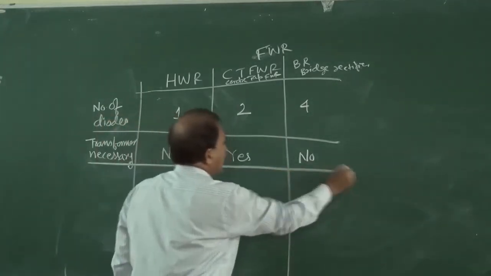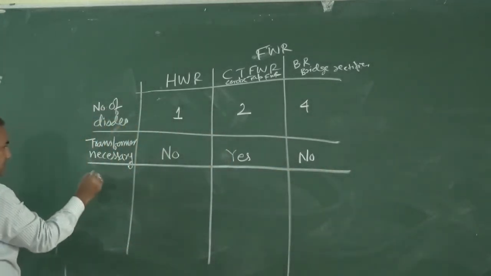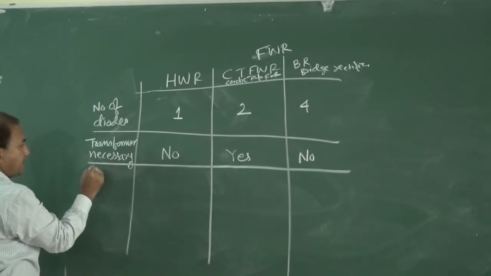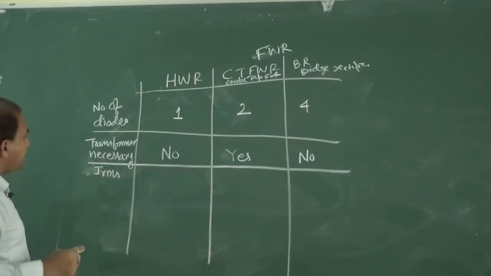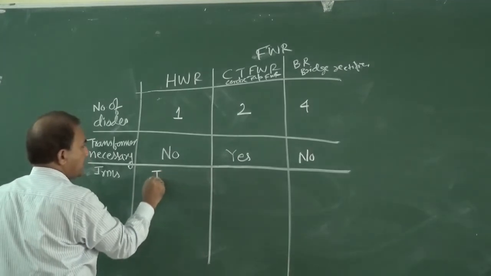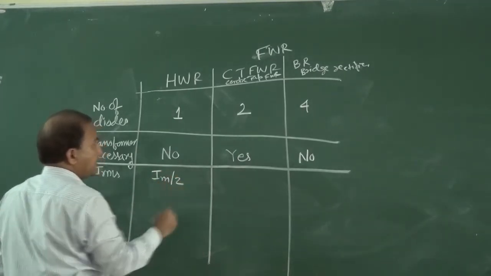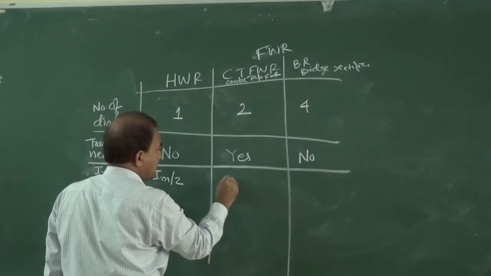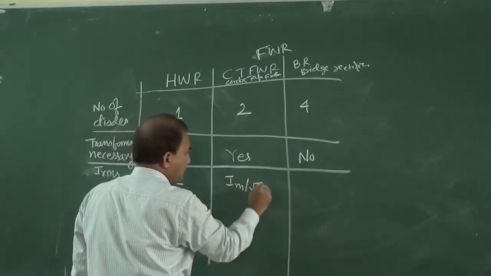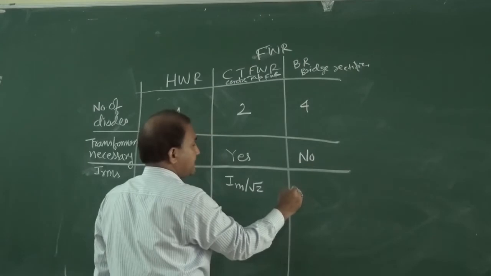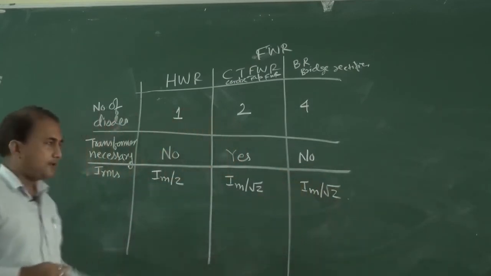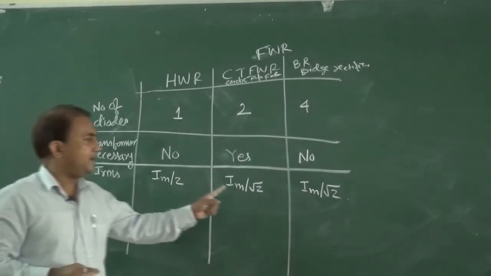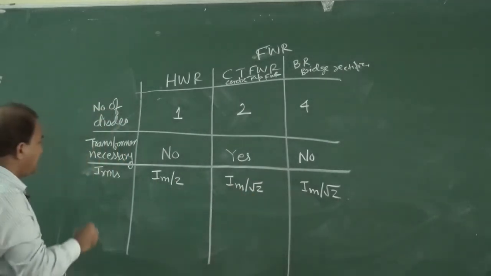Then we can write IRMS. Here IRMS is equal to Im by 2. Here IRMS is equal to Im by root 2. For bridge rectifier, it is again Im by root 2.